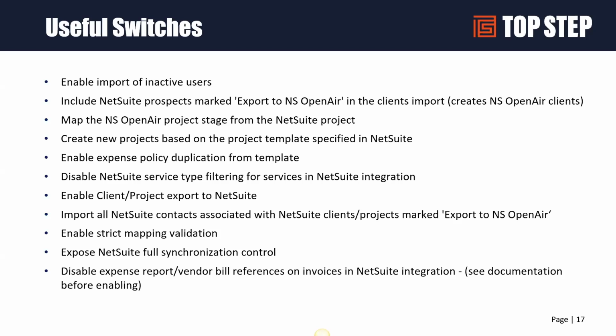But if you go in and set up a non-inventory item as part of the integration, and you want that non-inventory item in OpenAir, even by checking the export to OpenAir box, it will not flow in. So this is disabling the service type filtering, because out of the box, it's only filtering for service items. And you can then disable the service type filter, and then it will send over anything where the export to OpenAir is checked. So that can be very helpful.